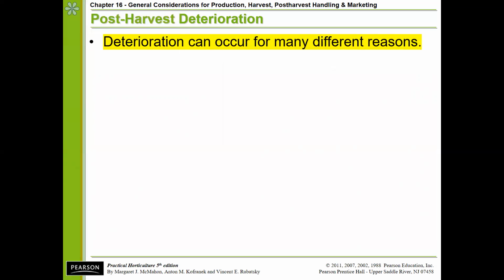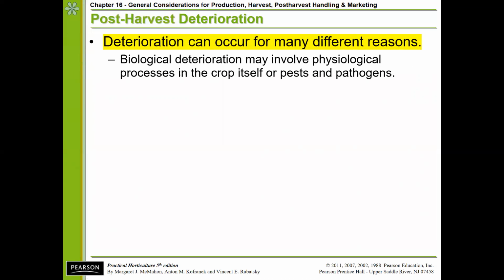Why do we have these losses after harvest? Well, there are many different reasons. Of course, we have biological deterioration itself. And they say as soon as you harvest something, it begins to decompose pretty much. A lot of the nutrient content begins to deteriorate, and that's just due to those metabolic processes continuing after the crop is harvested.